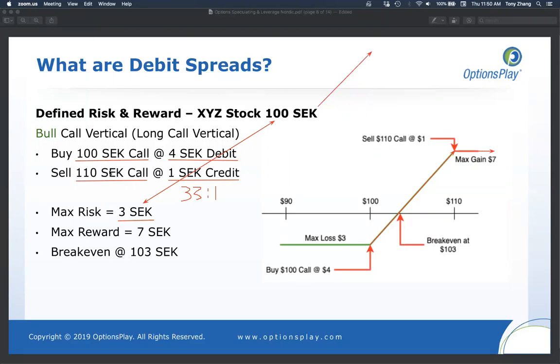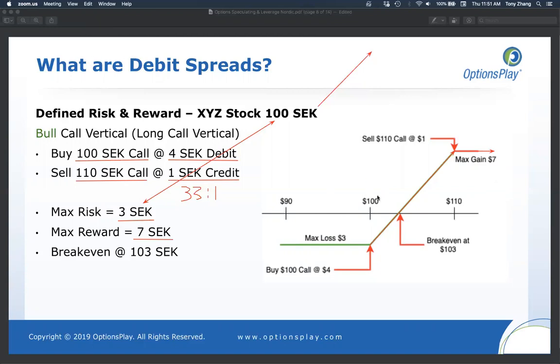Now, what we do here is that we are capping our max reward because I've sold off any potential gains above 110 for that 1 crown. So now, instead of having unlimited gains, I now have a max reward of just 7 crowns. Now, how do I calculate 7? That's just simply the difference between the 2 strike prices.